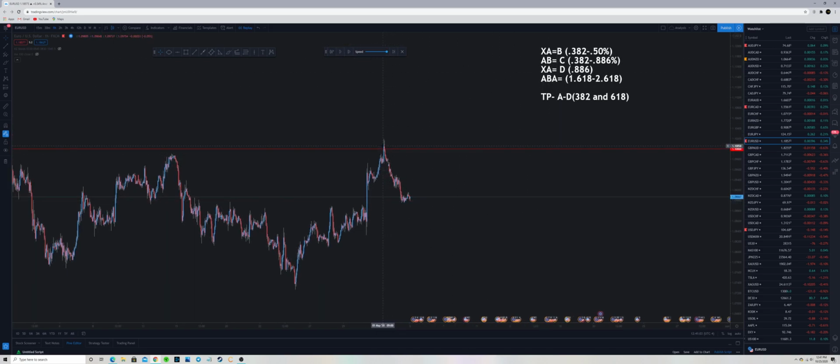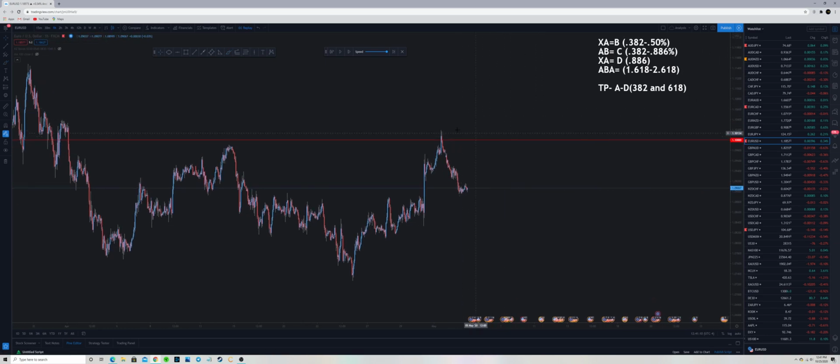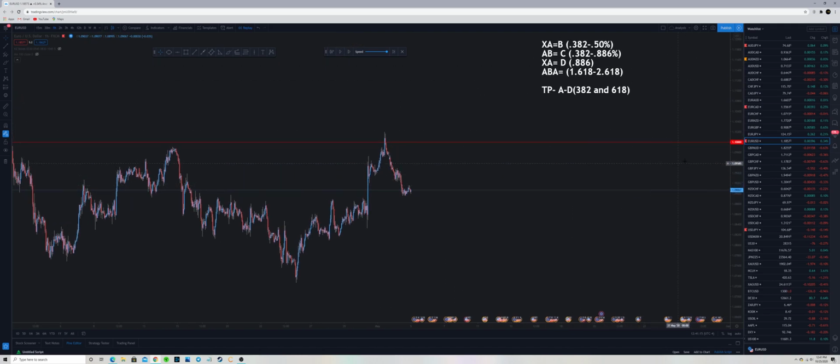We see that price has reached the 1.10 area and just made a nice push down, and is going to continue pushing down. You should note that these 1,000 pip increments, such as 1.10, 1.20, are major psychological levels in the Forex market, in the currency market, and they're very strong support, resistance, or major key level areas.